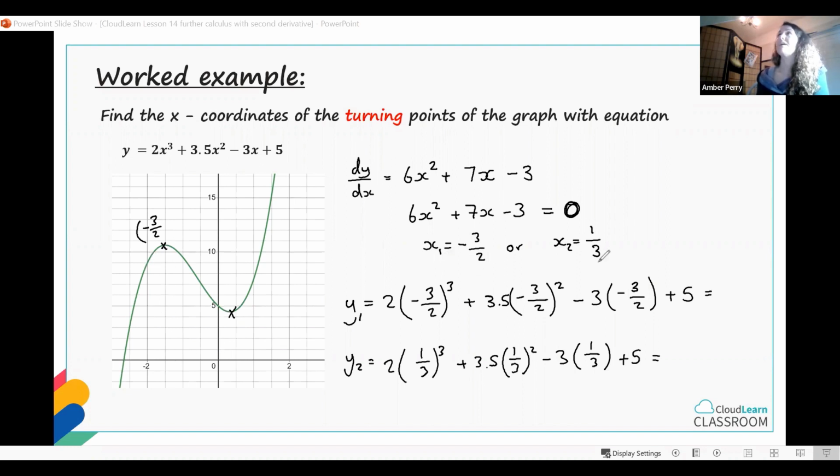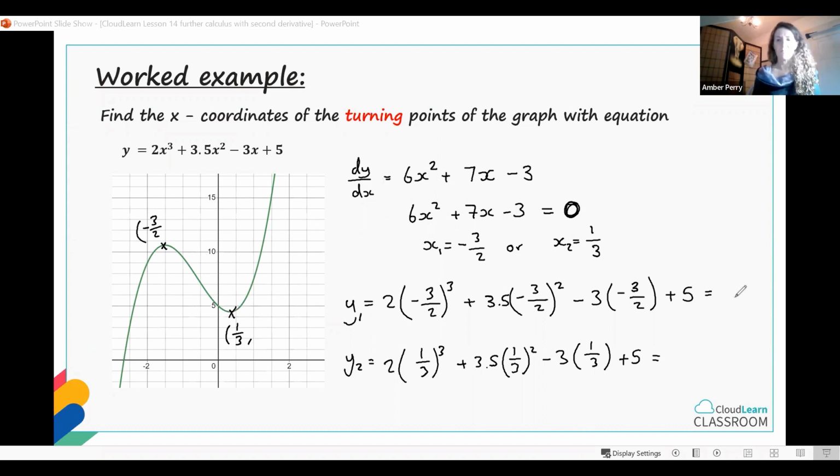And this one here is where x is positive, so that must be 1 over 3. That's the last thing you need to do, make sure you don't get the coordinates the wrong way around. This one is positive x, this one is negative x, so just assigning them to the correct one there.